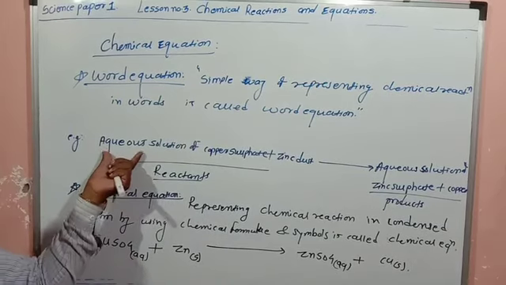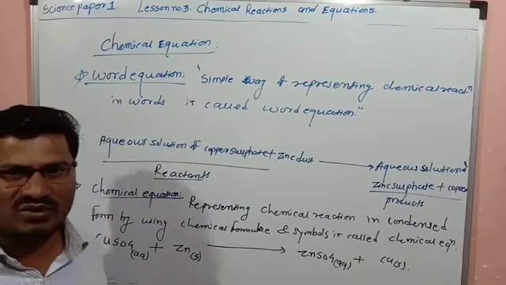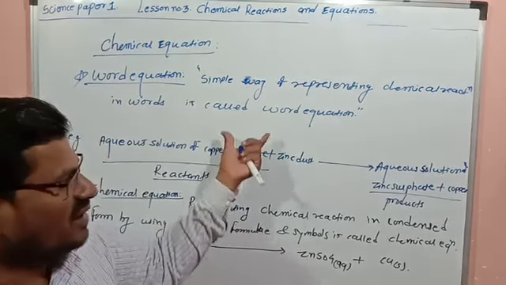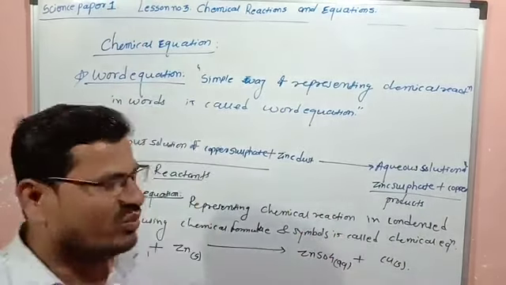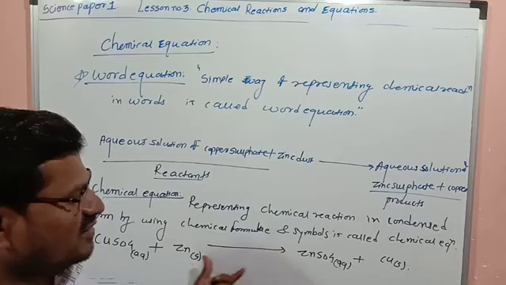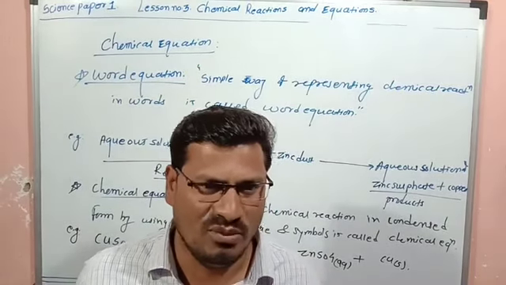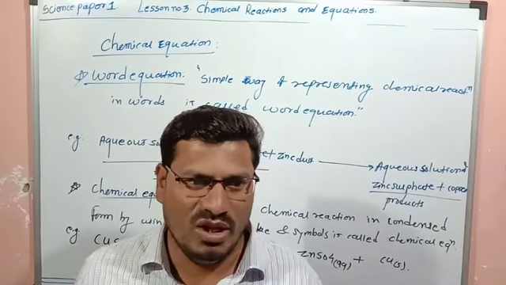So this is the word equation and this is the chemical equation. In the word equation, you write the reactants and products in the form of words, and in the chemical equation, you write them in the form of chemical formulae, in the short, condensed form. It is called a chemical equation.